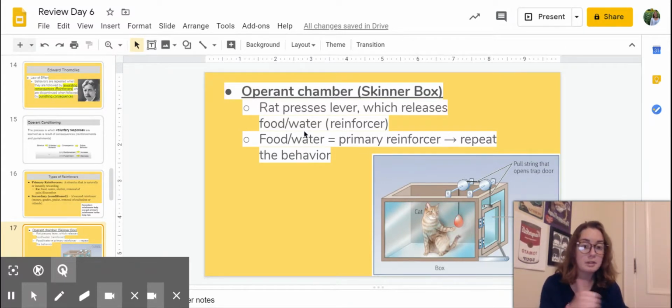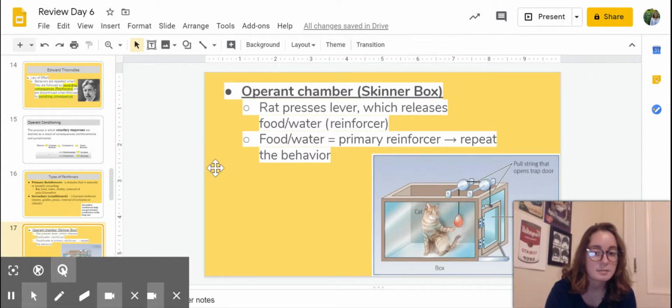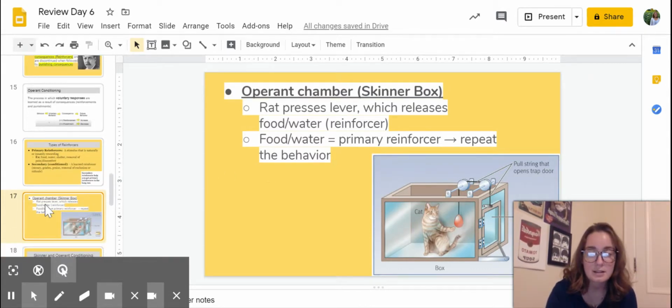Well, this is good. I'm going to repeat this behavior. So again, associative learning, it's the voluntary behavior. They're consciously pushing the lever, and then it releases the primary reinforcer of food and water, and they're going to do it again. That is operant conditioning.